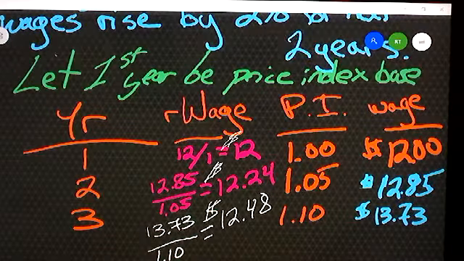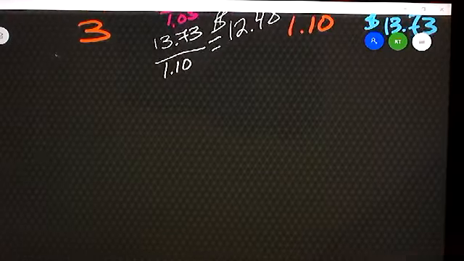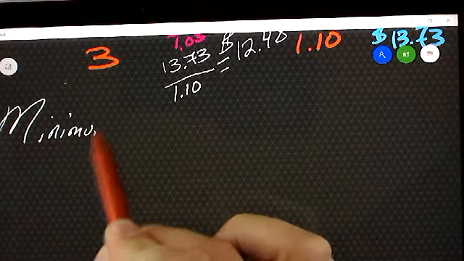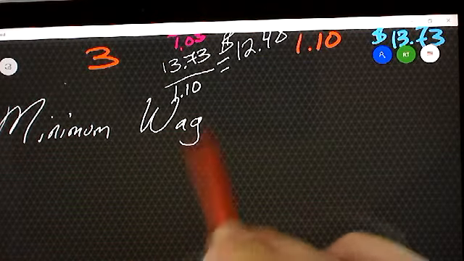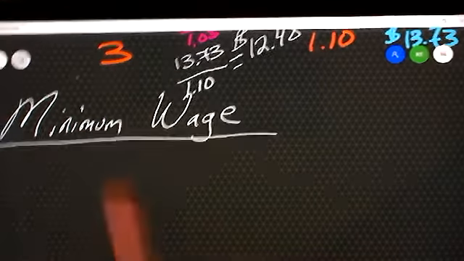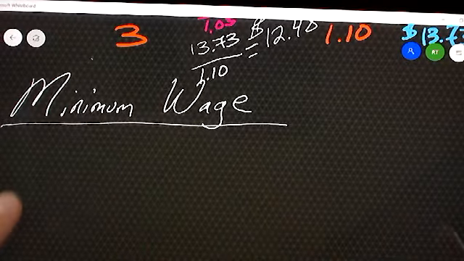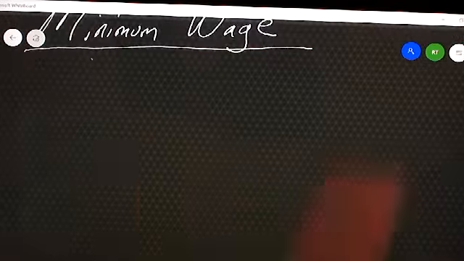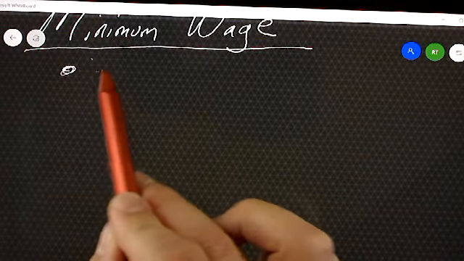Last thing, and then we'll wrap it up for today. Just quickly talk about minimum wage. Some of you may or may not be familiar with it, right? A lot of you may have only worked on your family's ranch or farm. But the minimum wage is congressionally mandated, right?